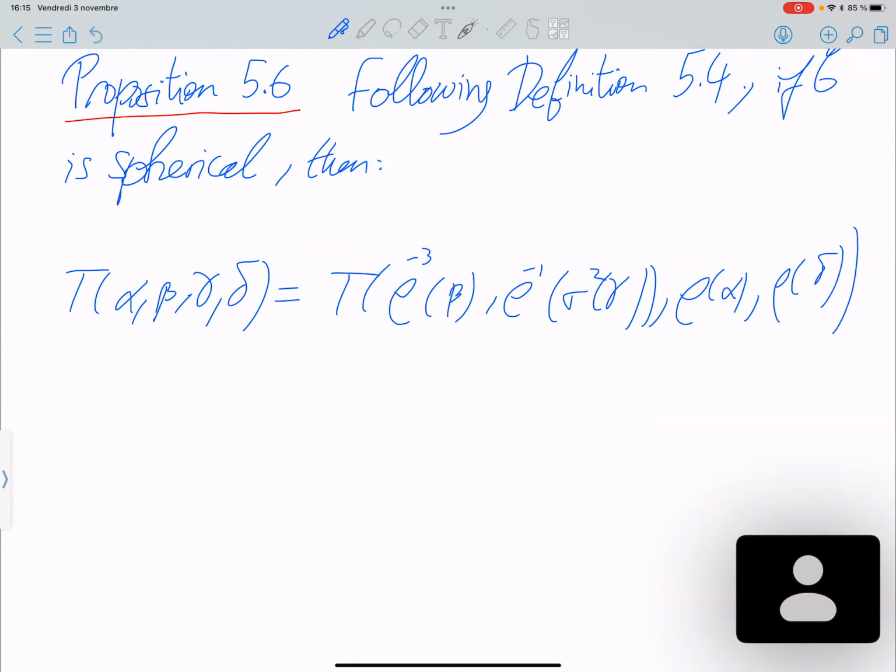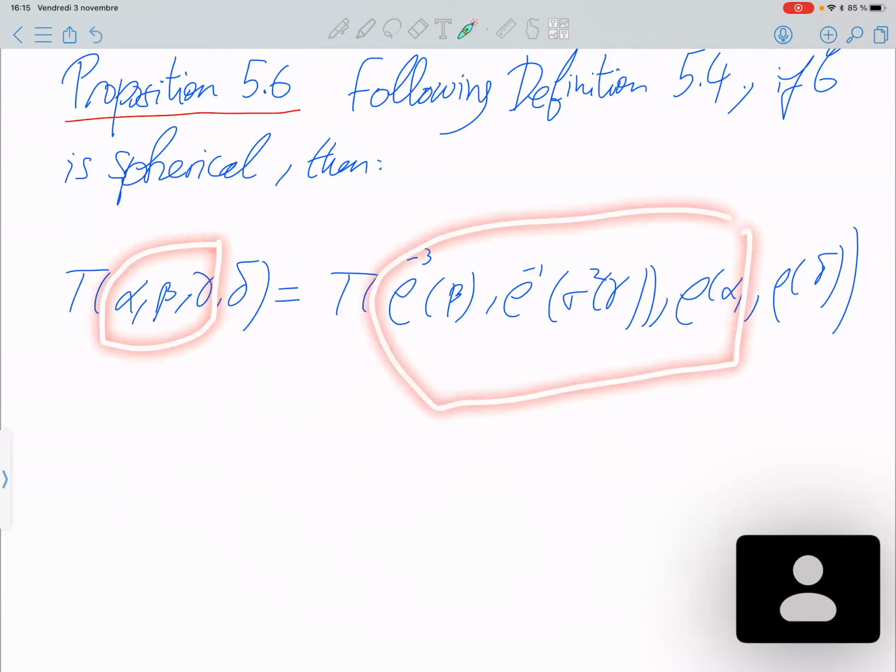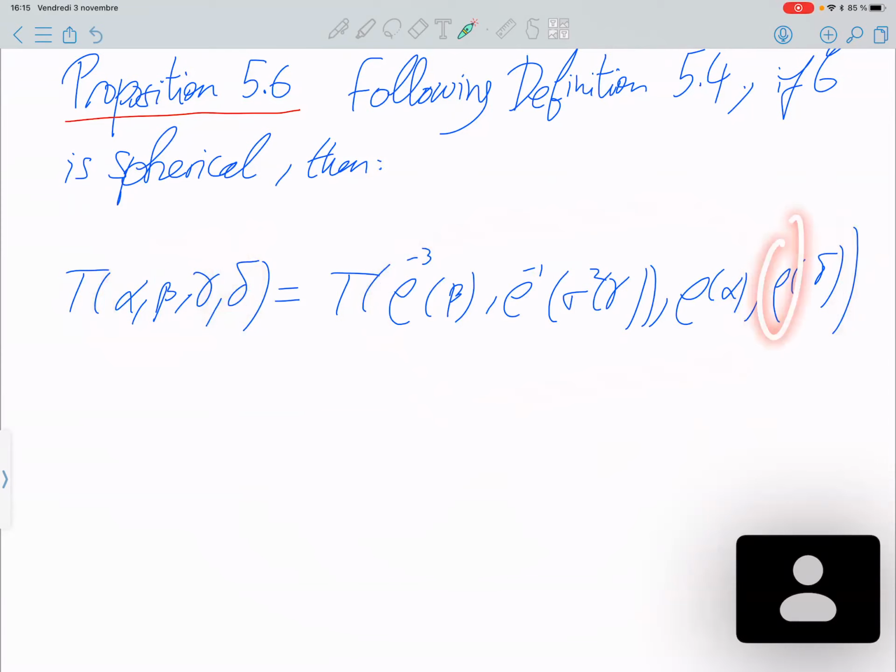And this corresponds to a cyclic permutation of these three. This one keeps its place up to putting this natural transformation. And here this was moved here, this was moved here, and this here. So cyclic permutation.